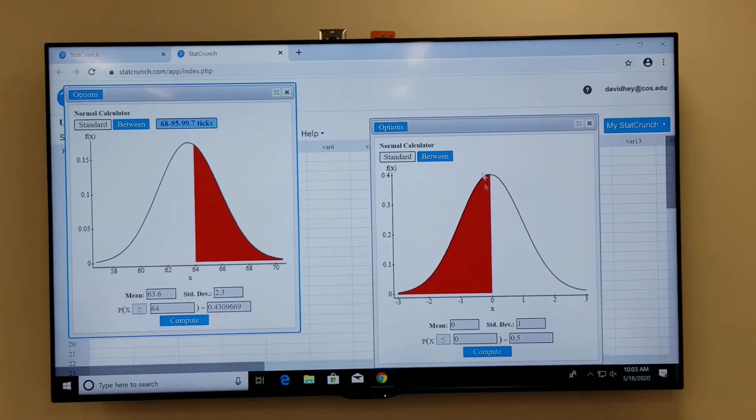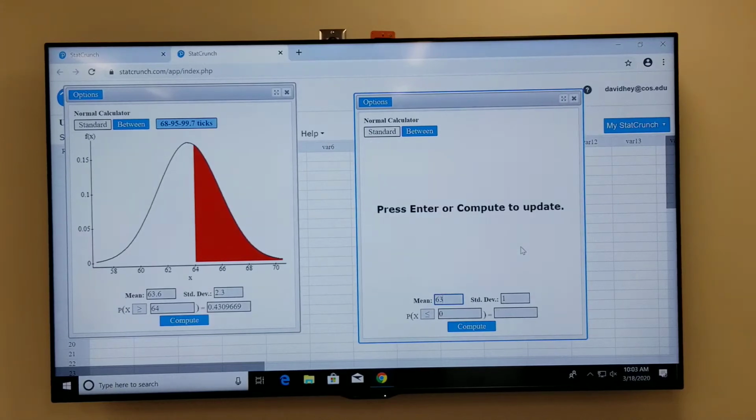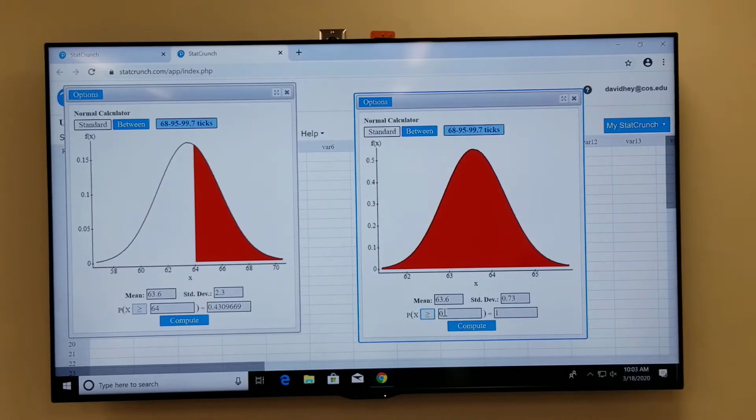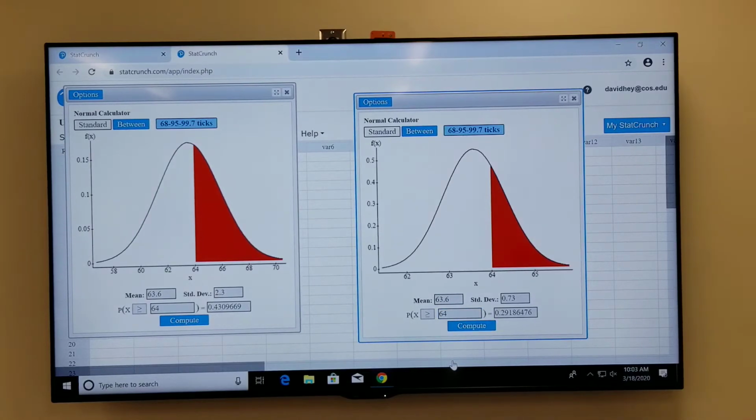This was part A, and now here's part B. We want to put in a mean of 63.6, a standard deviation of 0.73, and now we're looking for the probability x bar is greater than 64. And that probability is about 0.2919. I'm not going to switch back to the notes just yet, because I want to talk about this.